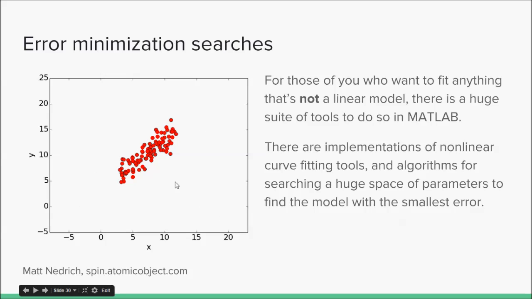If you drew the line the other way, that would not be true, so you would get a large error. So in general, all of these fitting algorithms tend to want to minimize the error when they're doing their search. And I'm using some graphics from a pretty neat post that I found on what looks like a blog, Atomic Object. So I have the reference at the end if you'd like to read the whole article.